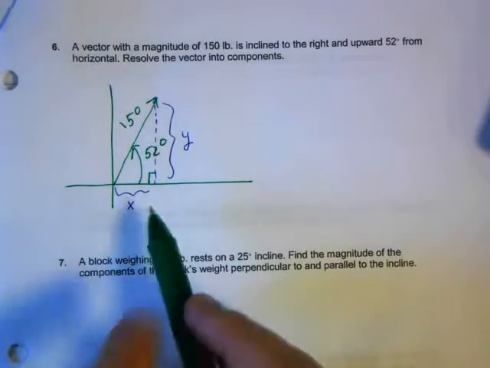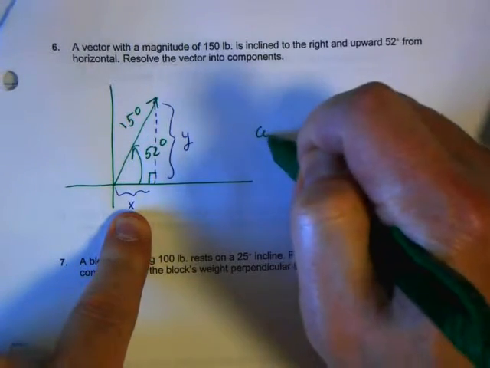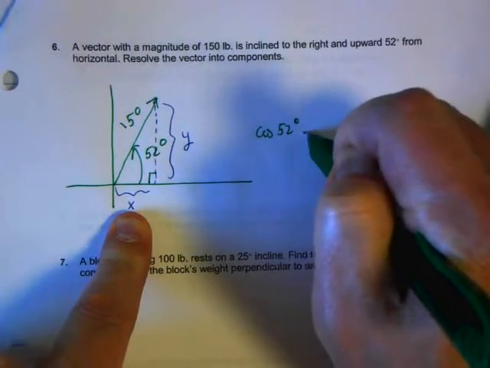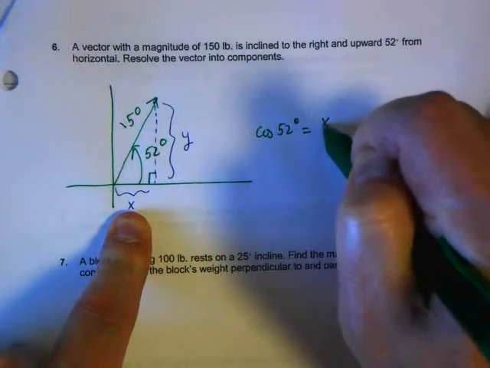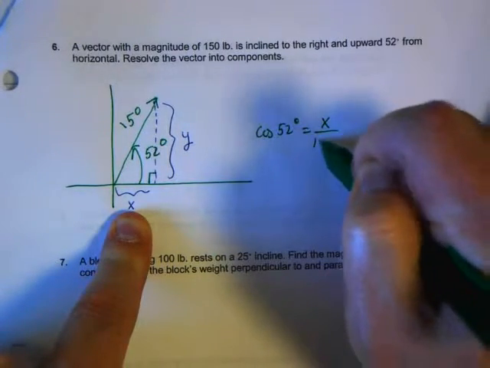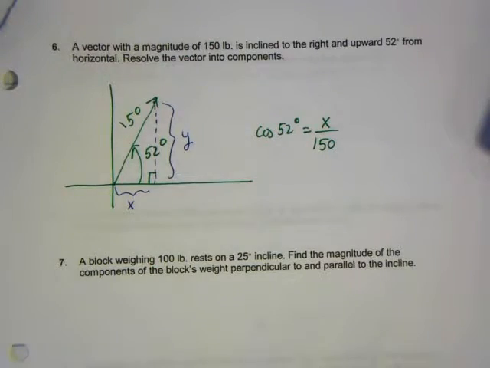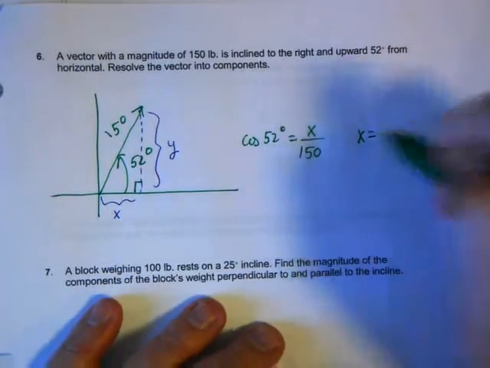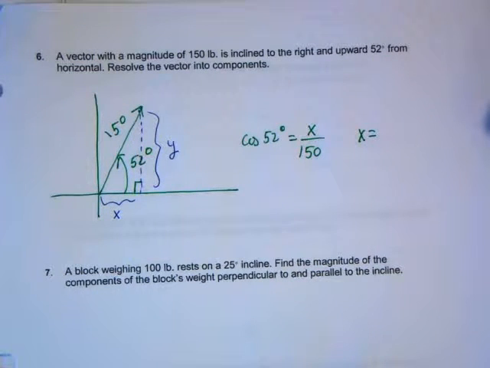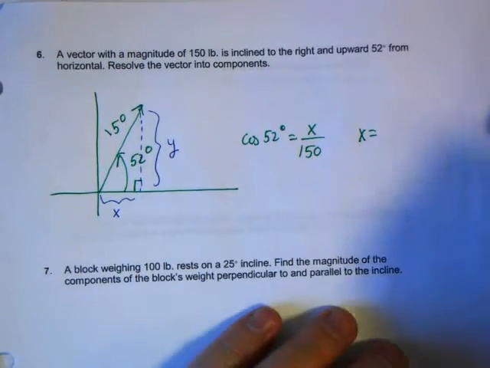If I'm trying to find x, I know that cosine of 52 degrees is adjacent over hypotenuse. I can find x that way. So x is 150 cosine 52. And I made sure my calculator was in degrees mode today before I started, so I didn't screw up like I did yesterday.